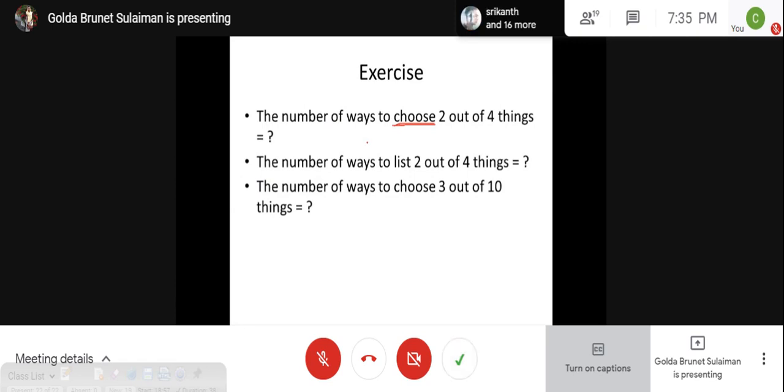Whether you choose the red ball first and then a green ball, or the green ball first and then a red ball, doesn't matter for me. Is it okay or not? So when we choose, the order doesn't matter. But when we list, order matters. Is that fine?